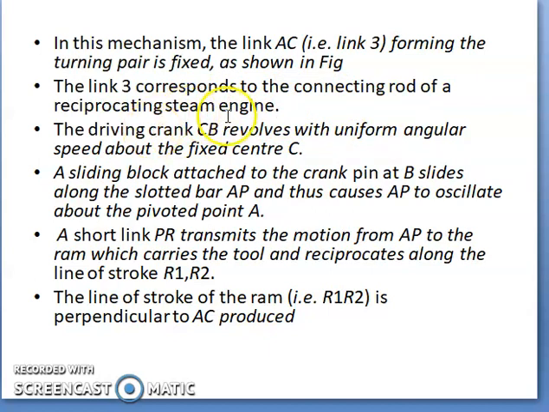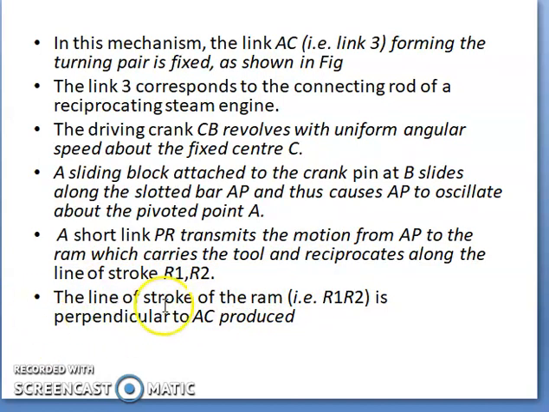When the driving crank CB revolves with a uniform angular speed about the fixed center C, the sliding block attached to the crank pin at B slides along the slotted bar AP, and this causes AP to oscillate about the pivoted point. A short link PR transmits the motion from AP to the ram, which carries the tool and reciprocates along the line of stroke R1 to R2.